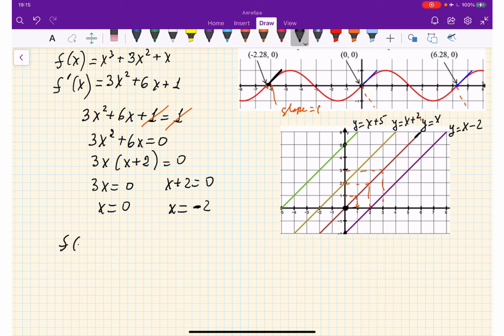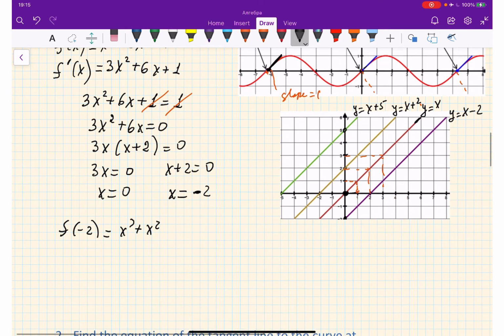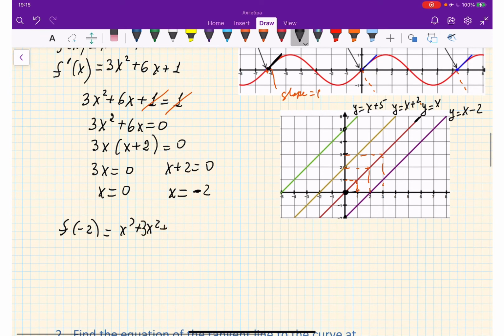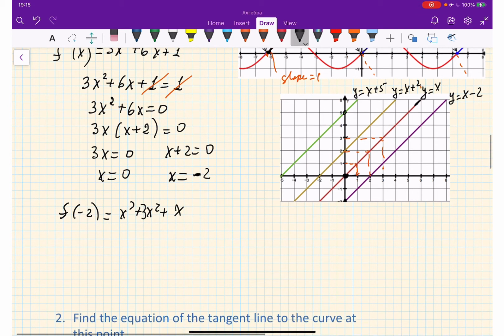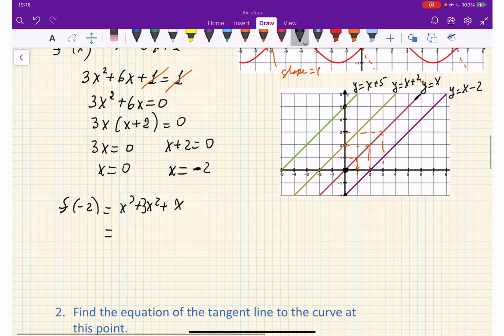f of negative 2 is equal x cubed plus 3x squared plus x. Okay, so from here, this is equal negative 2 cubed plus 3 times negative 2 squared, right?